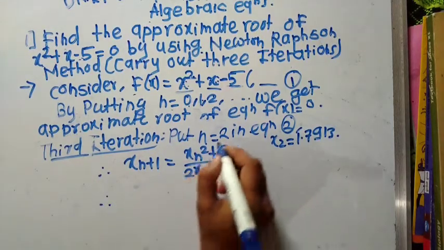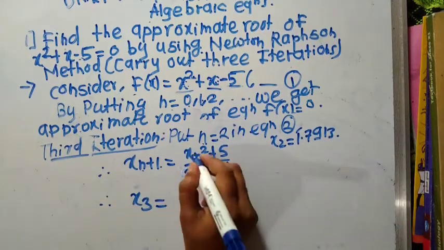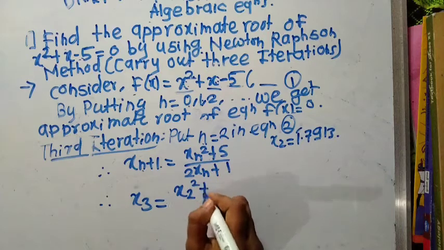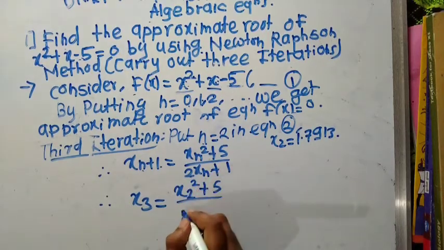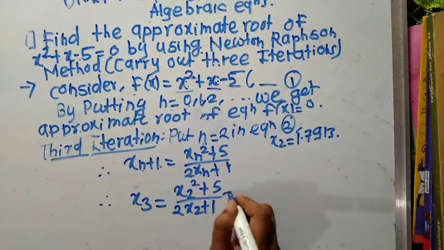Put n is equal to 2, so 2 plus 1 is 3 and x2 square plus 5 divided by 2 into x2 plus 1.